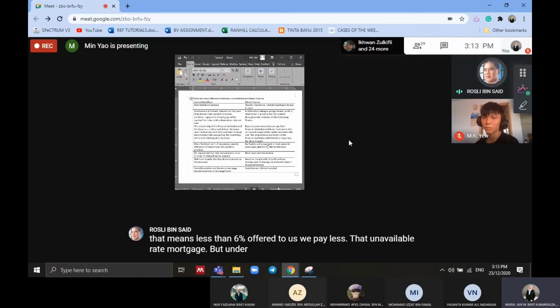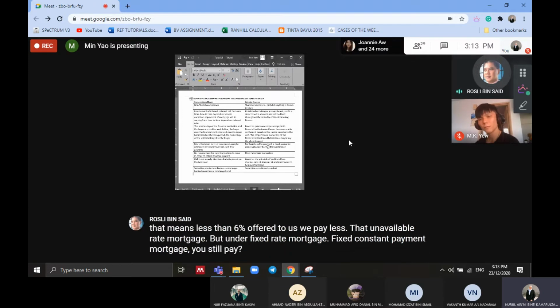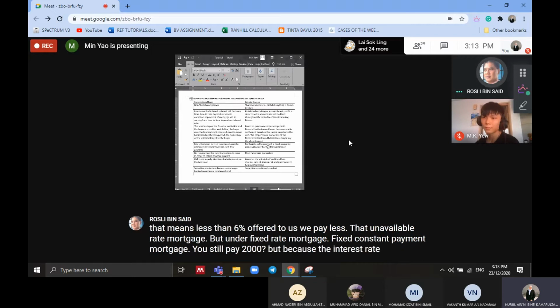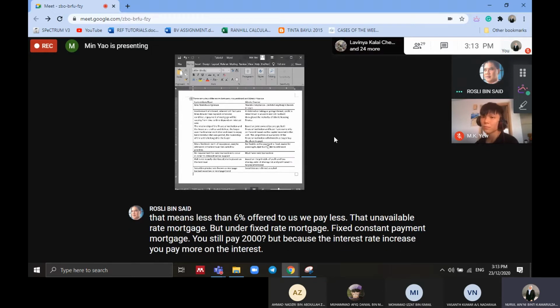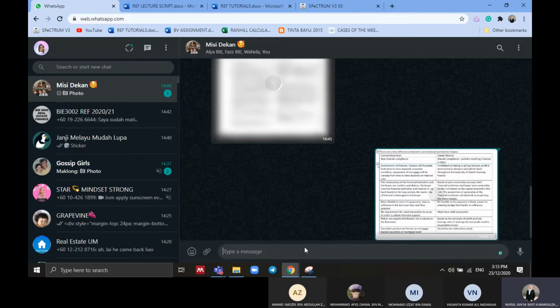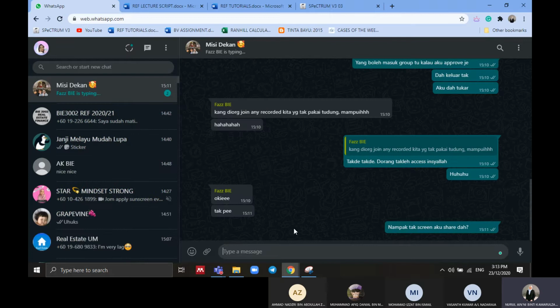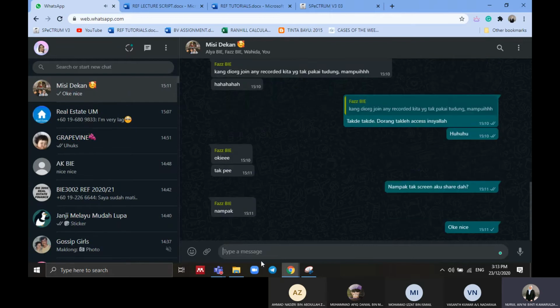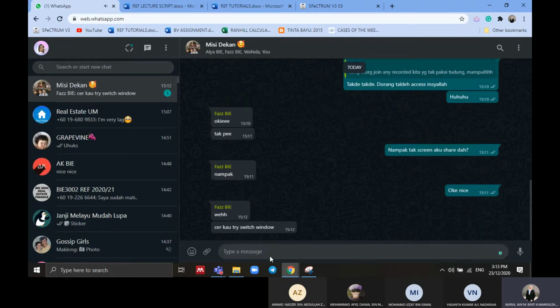But under fixed rate mortgage, constant payment mortgage, you still pay 2,000. Because the interest rate increases, you pay more on the interest, but you pay less on the capital. But the amount you pay is still 2,000 because it is a fixed rate.